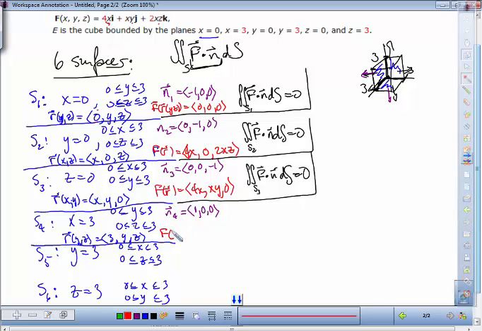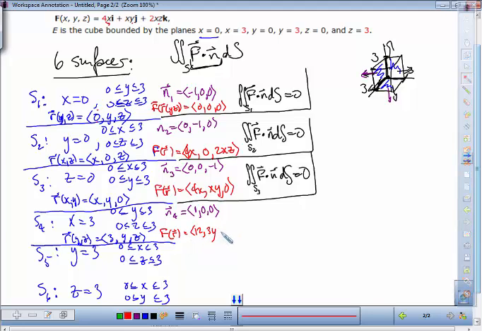So I have a constant, 4 times 3 is 12 for that first one, and 3y, and 2xz.